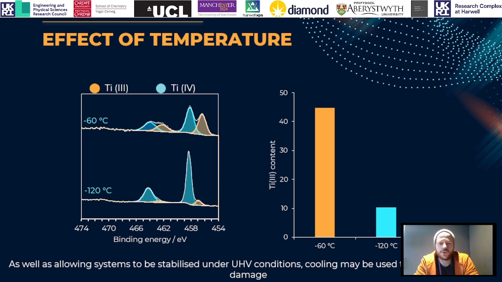So we've got two spectra here, one taken at minus 60 degrees C, one at minus 120 degrees C. And you can see a drastic difference in terms of the amount of titanium 3 plus that's been produced by this X-ray damage. And if we look at the quantification on the right, you can see that after a short period of measurement, we've got nearly 50% titanium 3 plus at minus 60 degrees, whereas when we get down to minus 120 degrees, we've reduced this down to less than 10%.